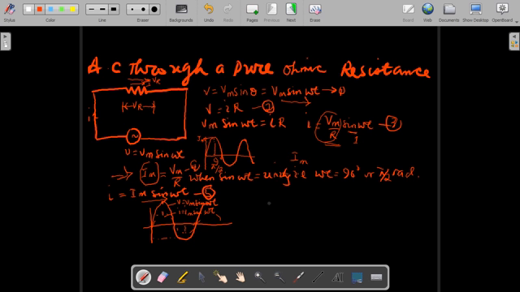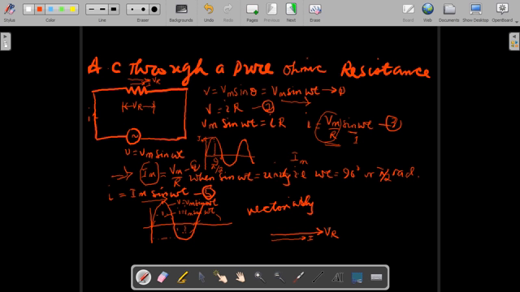Now, this relationship can also be represented vectorially in this form. Assuming this is our voltage, where the length of this arrow signifies the magnitude of the voltage, then it is expected that the current will also lie along the same plane together with the voltage.